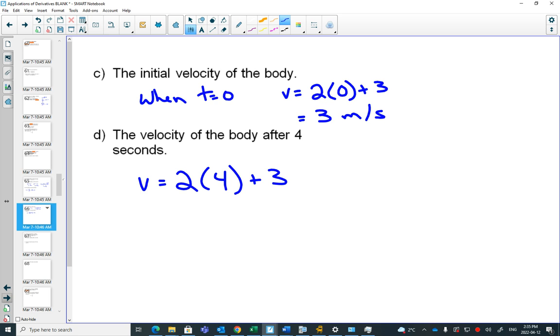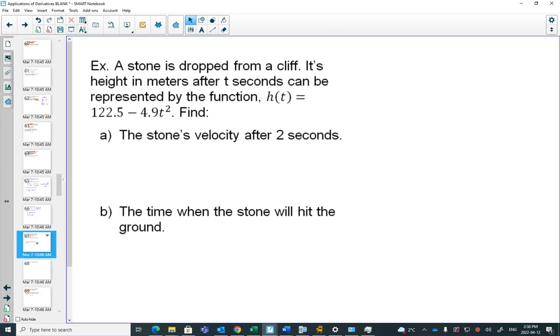Just plug 4 into your velocity formula. And we get 11 meters per second. Probably the biggest thing in kinematics questions is checking, do you understand that the derivative of displacement is velocity, and later on that the derivative of velocity is acceleration.